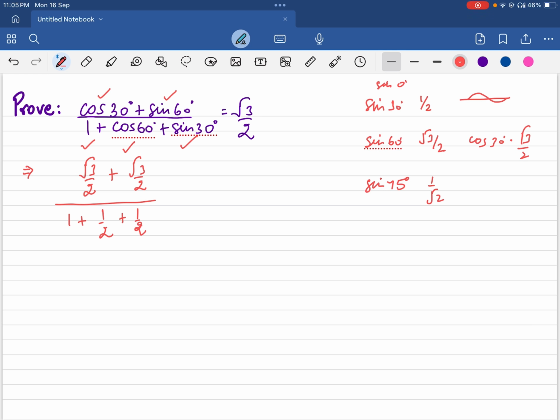Let's add them all. The top is 2 root 3 by 2, and 1 by 2 plus 1 by 2 is 1. So 1 plus 1 is 2. I'll cancel this out on the top, and then we will have root 3 by 2.